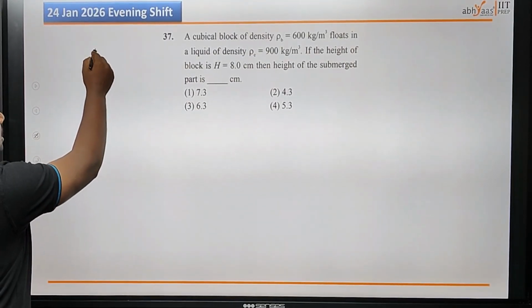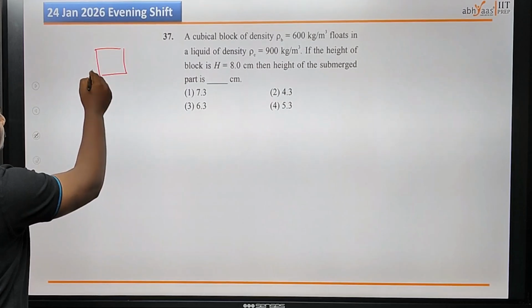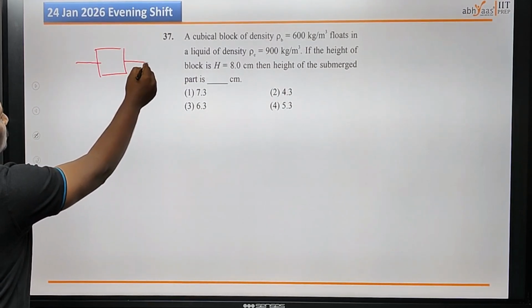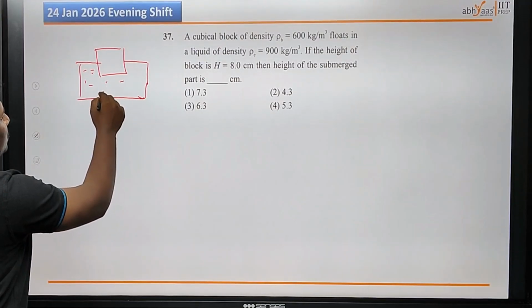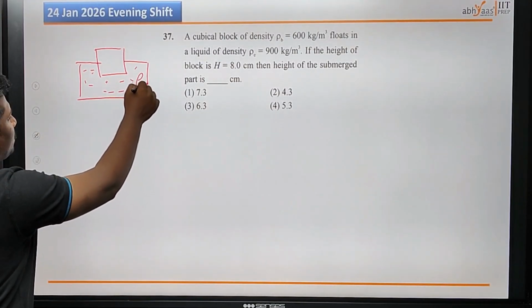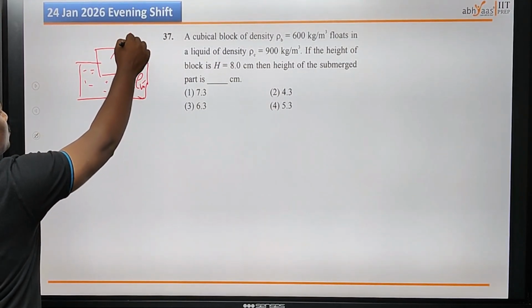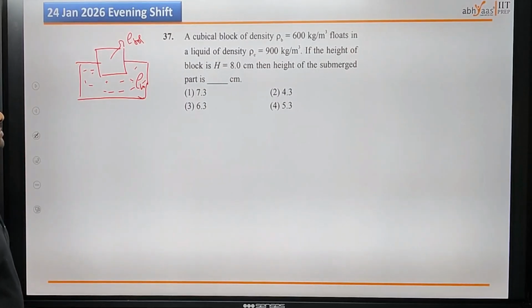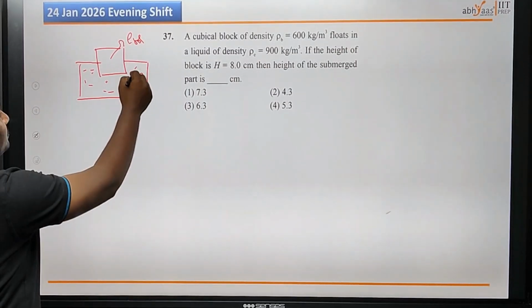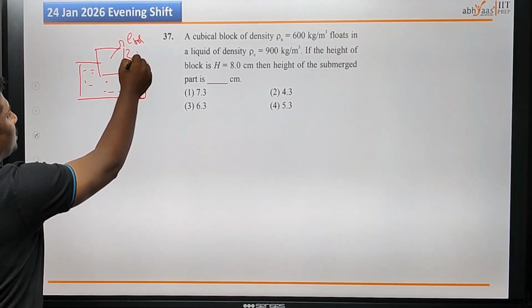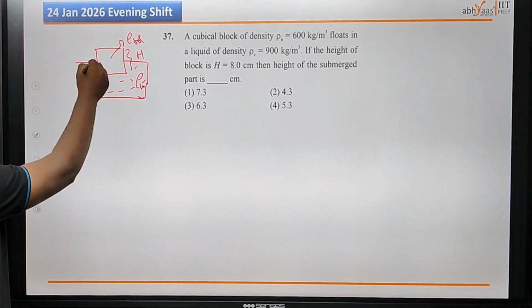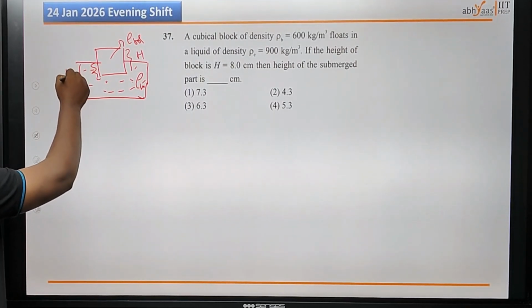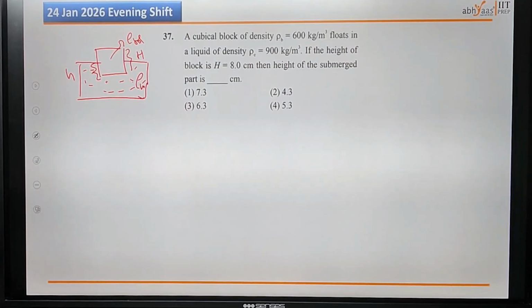We are having a cubical block which is floating in a liquid of density rho liquid. This is density rho solid. The block height is capital H. Then you have to find the submerged part of height, small h.